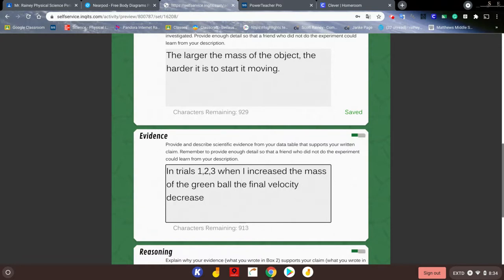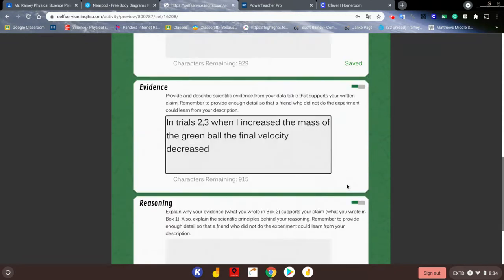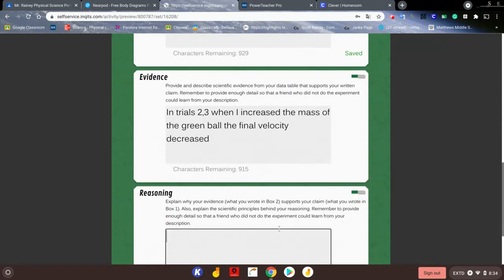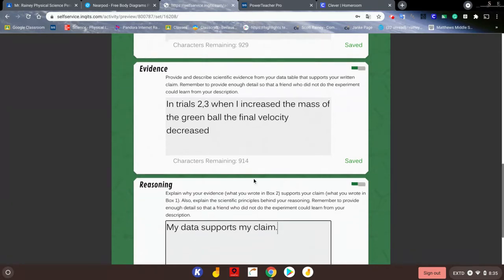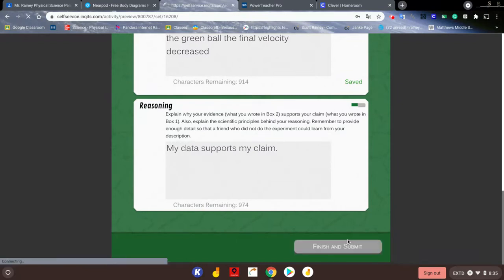Really it's trials 2 and 3, because we didn't really increase it in 1, it was just there. So in trials 2 and 3, when you increase the mass of the green ball, the final velocity decreased. I should probably spell that right. And as always, my reasoning for this is my data supports my claim. Okay, and that is that portion.